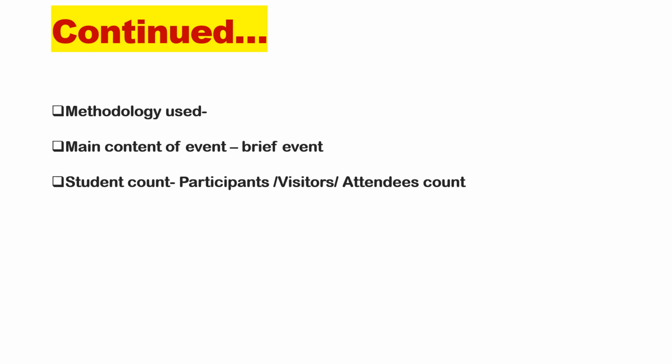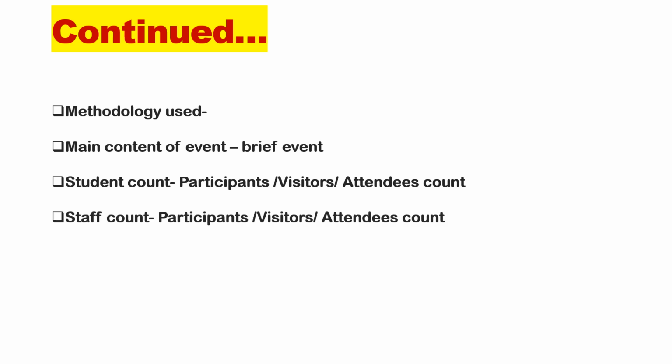The next point that you need to mention is the participant count of the activity, under which again there are two parts, student count and staff count. Now there are three types in which you can mention the count: as a participant, as a visitor, or as an attendee.